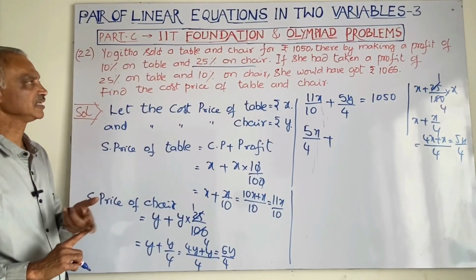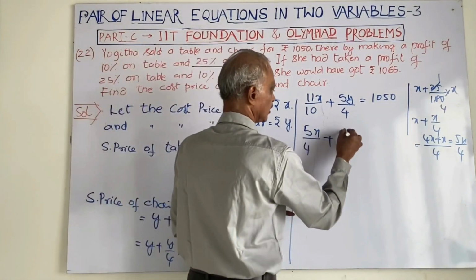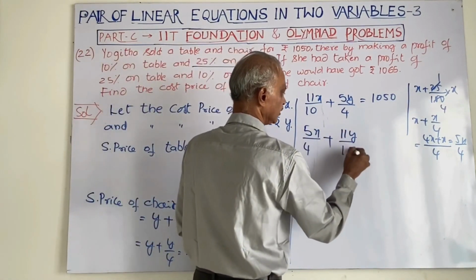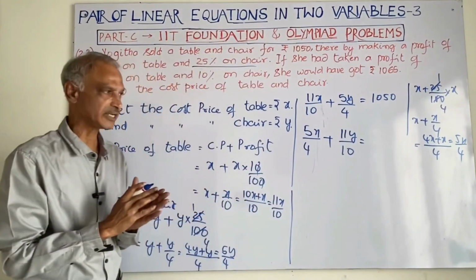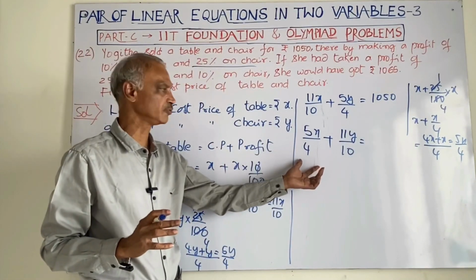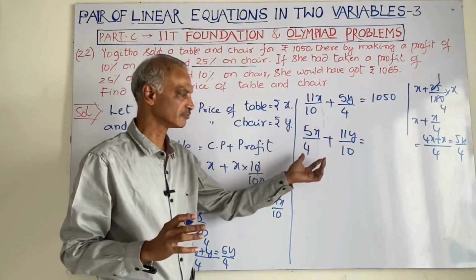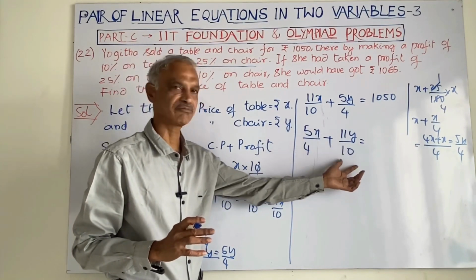What is the selling price? Means she will get 11y by 10. 5x by 4 is the selling price of the table and 11y by 10 is the chair.